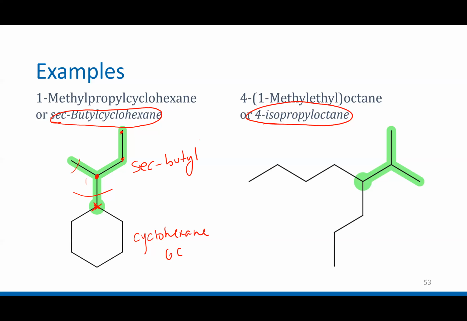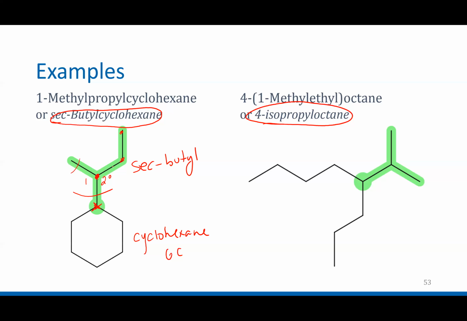It's sec-butyl because we have that methyl group. This is an isomer of butyl or isomer of butane. And we have that methyl group sticking off the inside carbon, not the second carbon, the innermost carbon, and it's a secondary carbon. So we would call this, excuse me, sec-butyl.